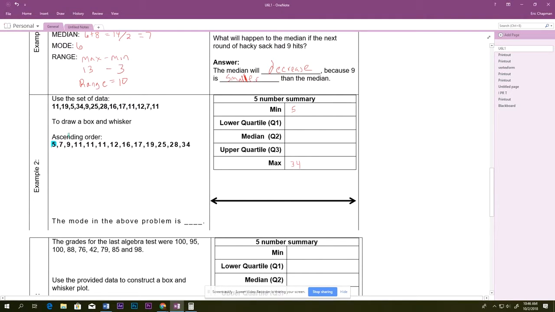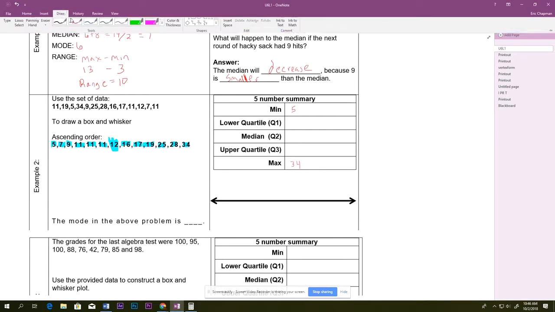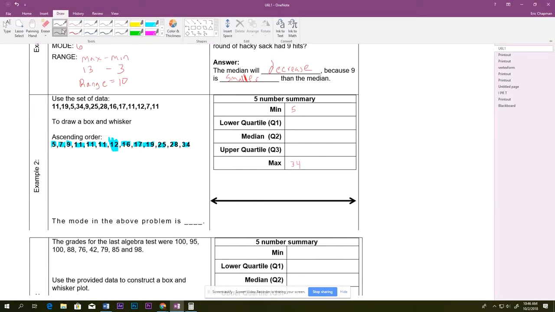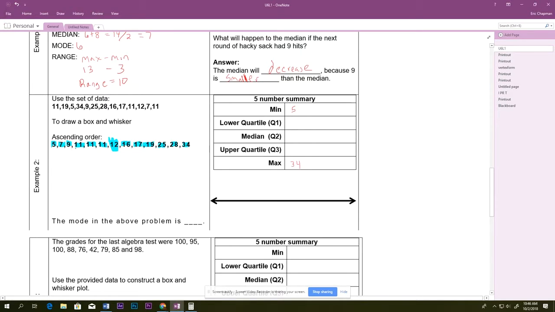We're going to go through and count them out so that we can easily identify the number in the middle. See how I'm coloring? All right, so it looks like 12 is the number in the middle. Let's double check that. We have 1, 2, 3, 4, 5, 6, 1, 2, 3, 4, 5, 6 on either side. So our median is 12.